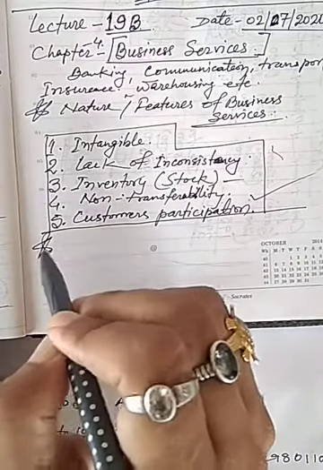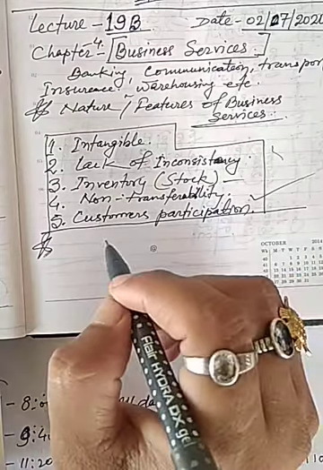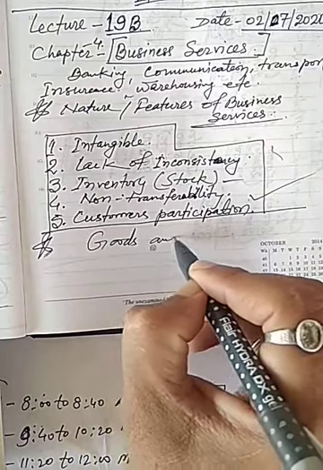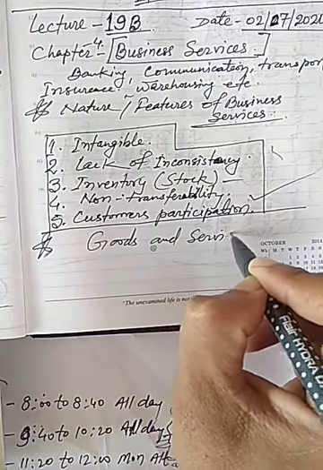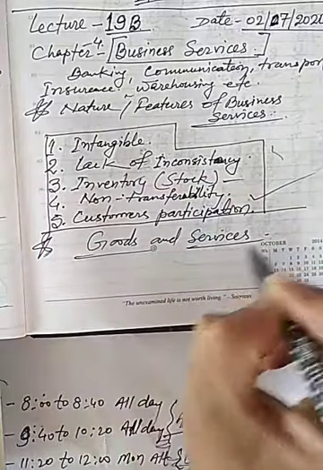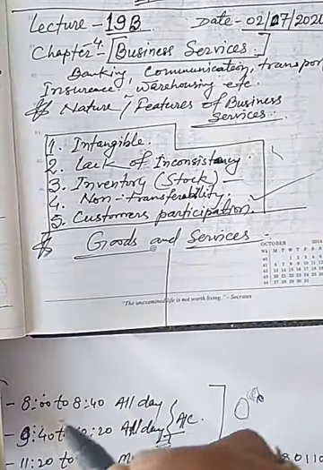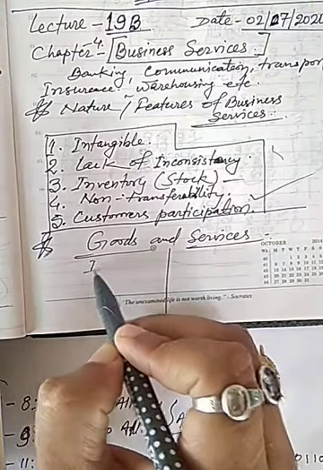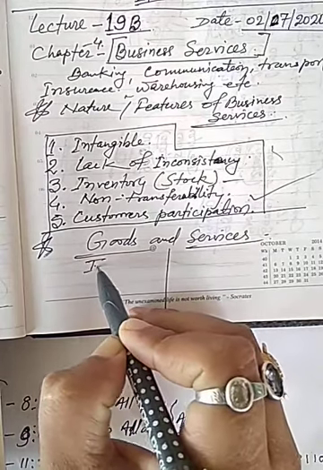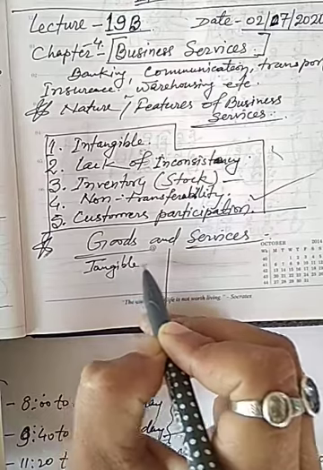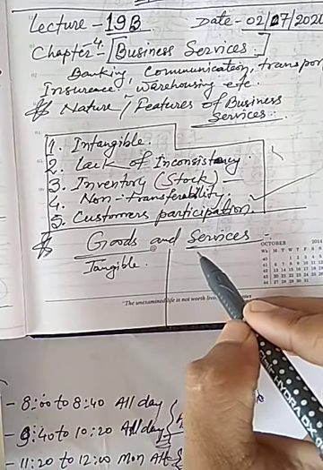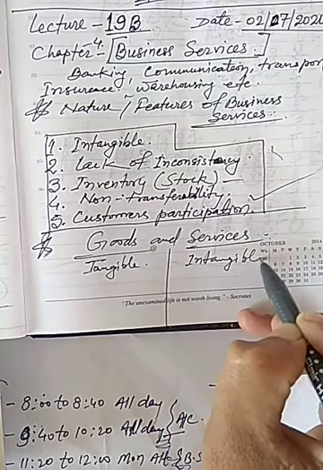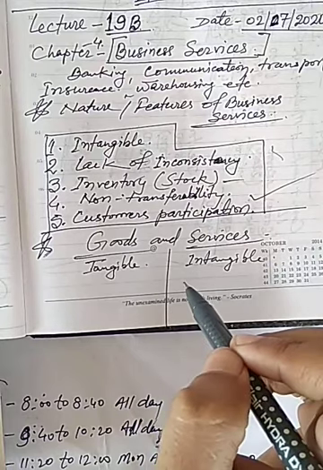Now, the next point is the difference between goods and services. Goods are tangible, but services are intangible. Second point is inventory.